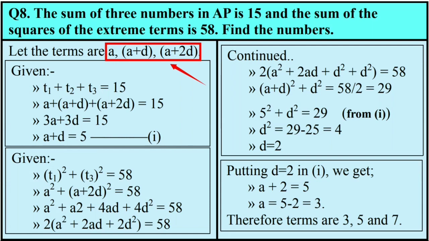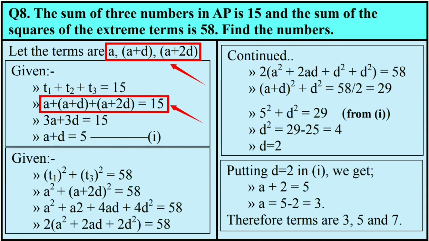Let's assume these three terms as usually assumed: a, a plus d and a plus 2d. Let's start the first block. According to the first statement of the question, the sum of three terms is 15. Hence, T1 plus T2 plus T3 is equal to 15.